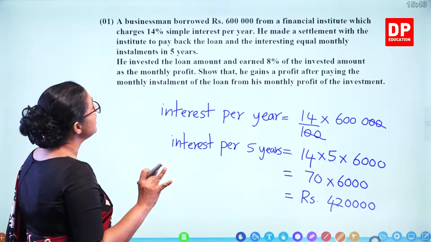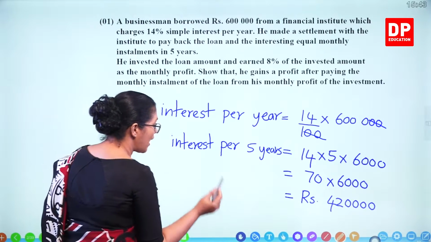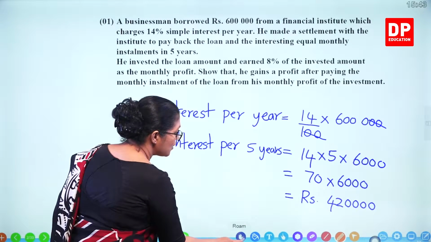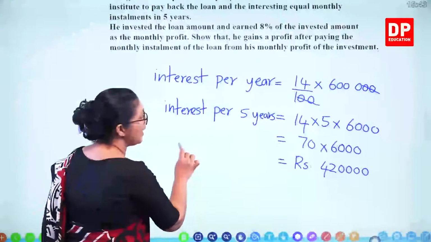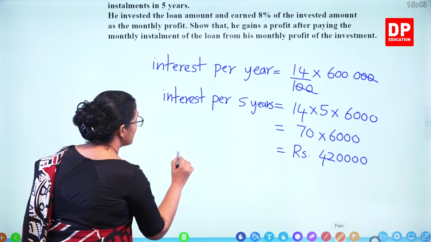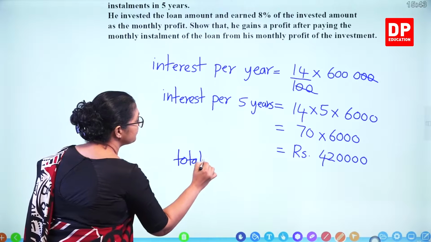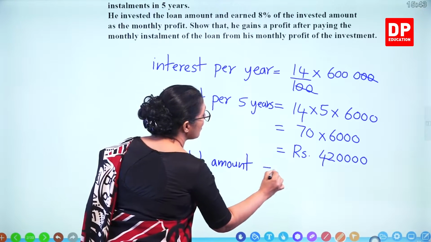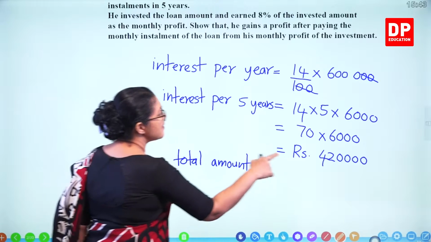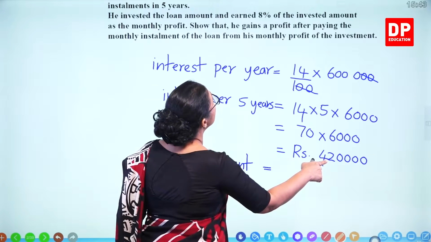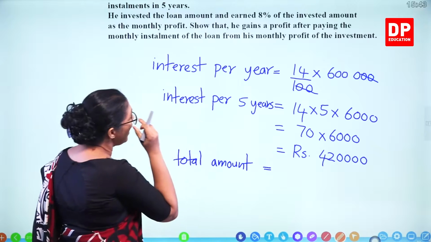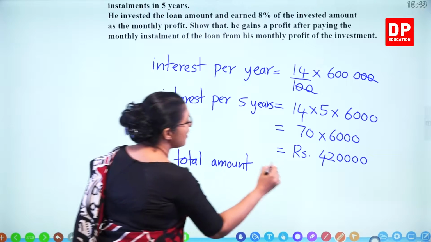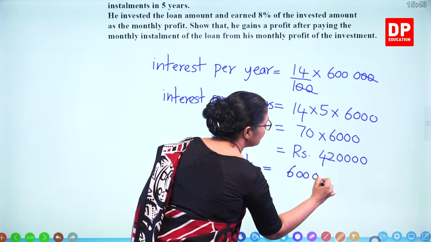So there are equal monthly installments. So you can find out the total amount you need to pay. This is the interest and 600,000 you have to add.